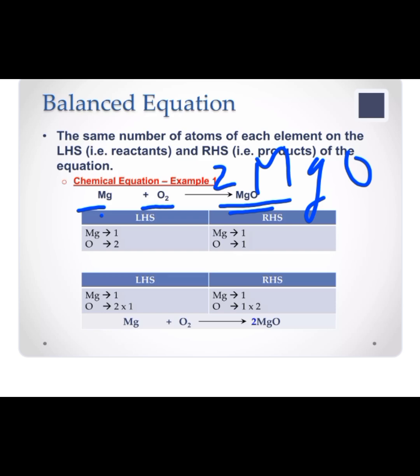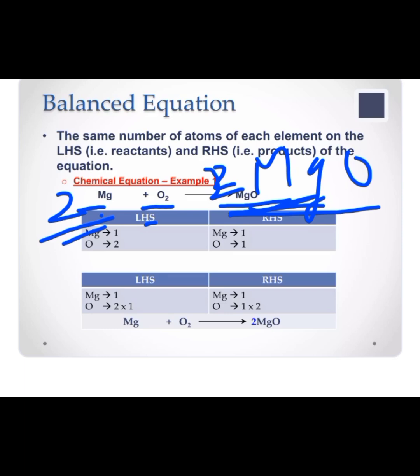After indicating the digit 2 in front of magnesium oxide, we need to balance the magnesium atom on the left hand side. Now there are 2 magnesium atoms on the left and right and 2 oxygen atoms on the left and right. So this equation is balanced easily by the normal method.